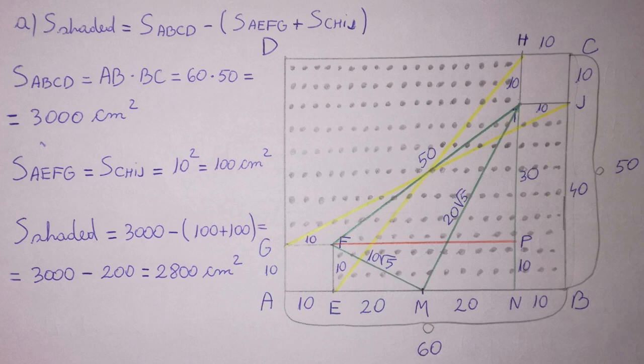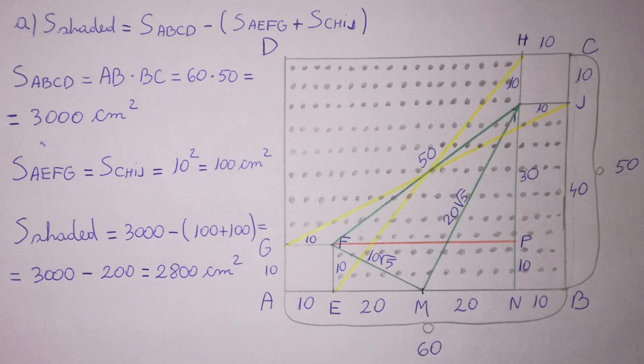Point A. The shaded surface area is equal to the surface area of the rectangle ABCD minus the sum of the surface areas of AEFG and CHIJ squares. So the surface area of the rectangle ABCD is equal to AB times BC, which is equal to 60 times 50, which is equal to 3000 square centimeters.